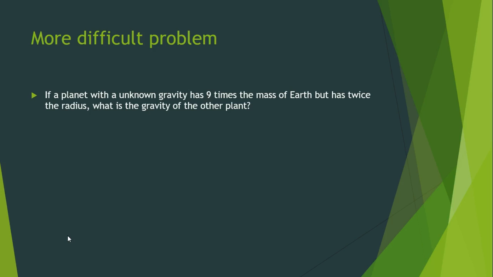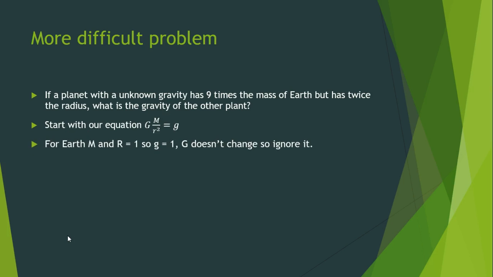So we're going to solve this problem just by using this equation and our math comparison skills. So we start out with our equation here: big G, big M over R squared. For Earth, let's call the radius and mass 1.